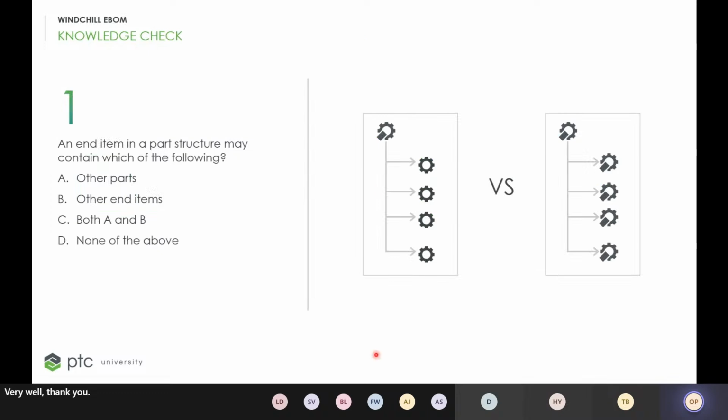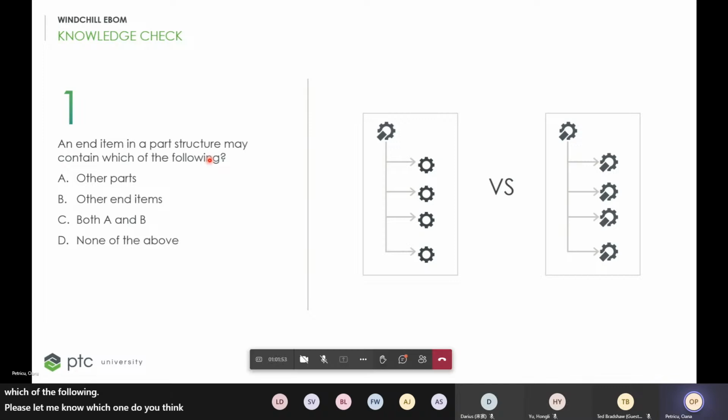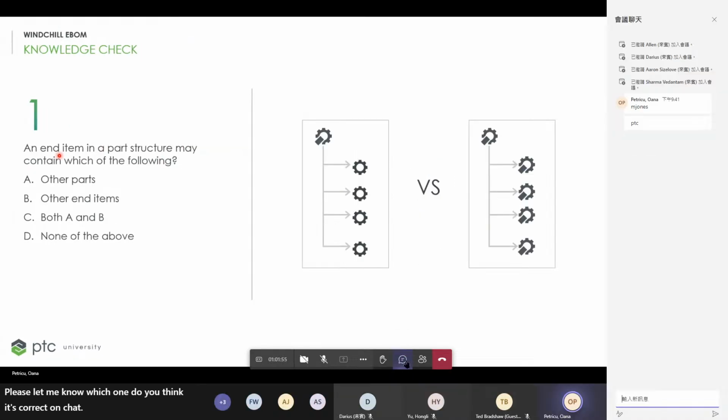Going to the first knowledge check here: an end item in a part structure may contain which of the following? Please let me know in chat which one you think is correct. A, an end item may contain other parts; B, other end items; C, both A and B are correct; or D, none of the above. What do you think?